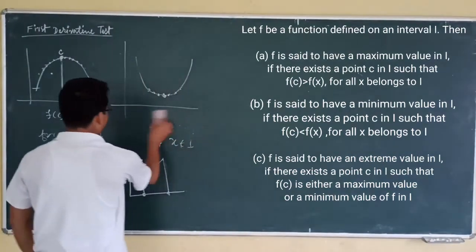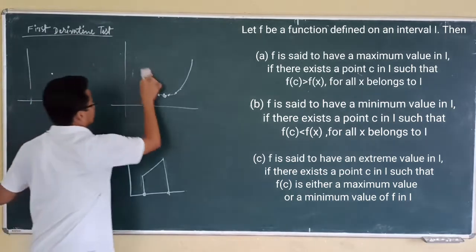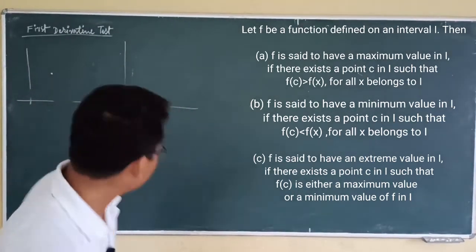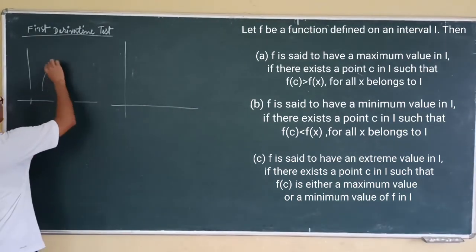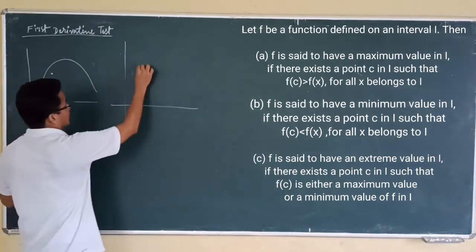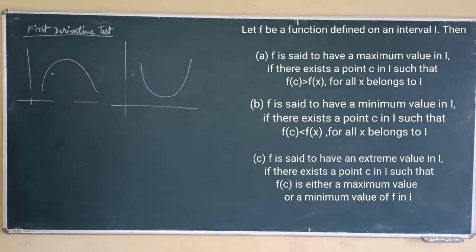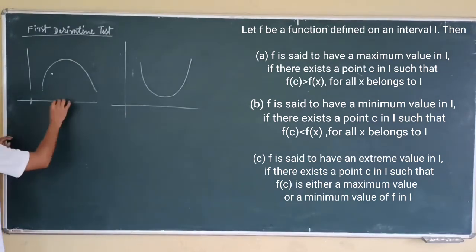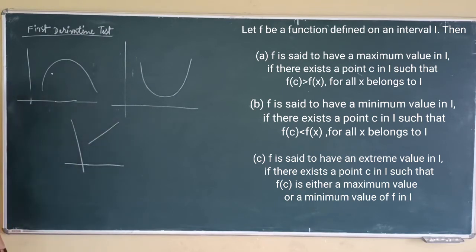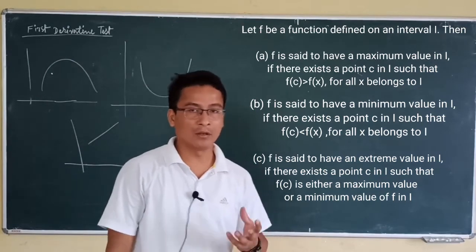If a graph is like this, we get the maximum value of the function. If your graph is like this, you get the minimum value. If your graph is in this way, we call it an extreme value, either maximum or minimum.